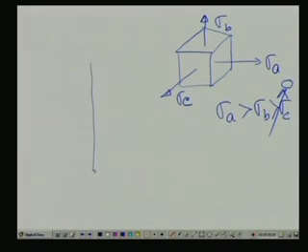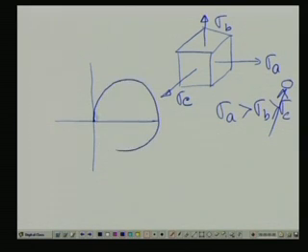Now, if we draw a Mohr circle for this situation, we can see Mohr circles between sigma C and sigma A, viewing from the top. Then consider a situation between sigma A and sigma B, of the same sign, and between B and C. These are the Mohr circles.